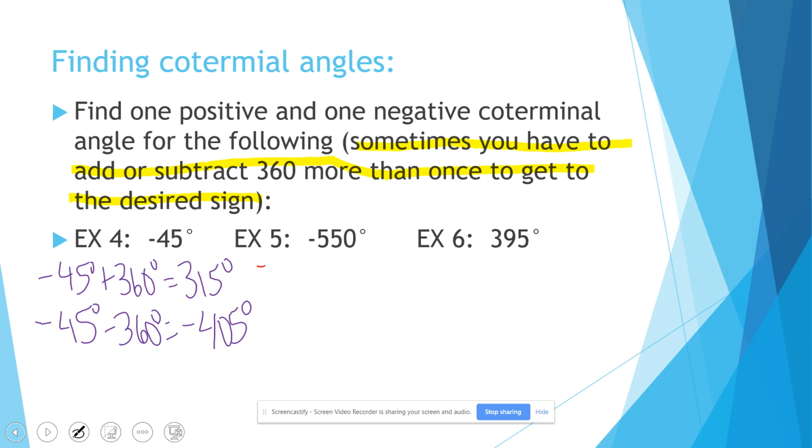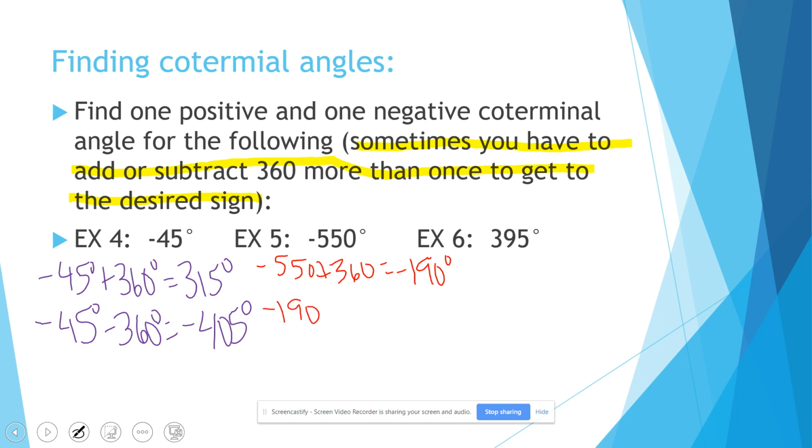Example 5. I'm going to start with adding 360 to negative 550. And when I do that, I get negative 190 degrees. So negative 190 degrees is a negative coterminal angle. Okay, well, I still haven't gotten to a positive yet.